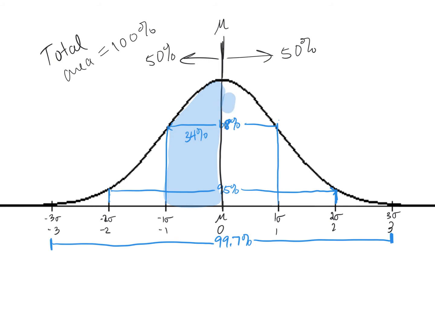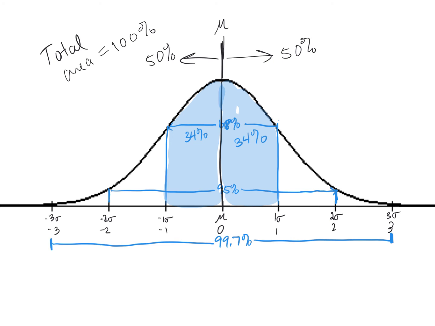And this blue area on the other side will also be 34%. So this section from 1 standard deviation to the mean is 34%, and from the mean to 1 standard deviation is 34%. Now, how do we find the other ones?